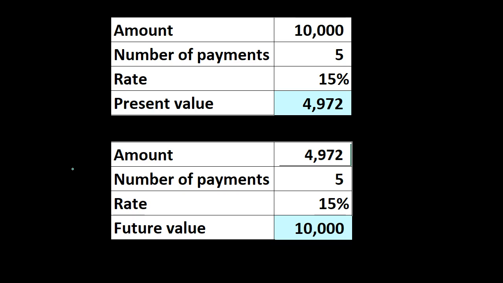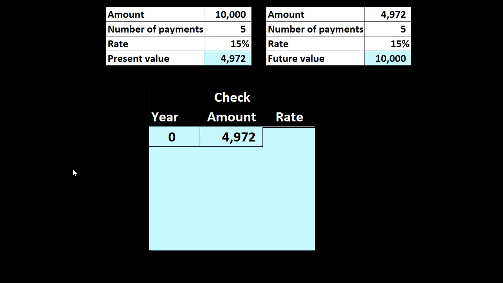Another way you might want to consider going through this data, just to solidify the relationship between present value and future value, is going through the calculation starting at year 0, which is the 4,972, the present value, and then getting to year 5 through our calculation year by year.